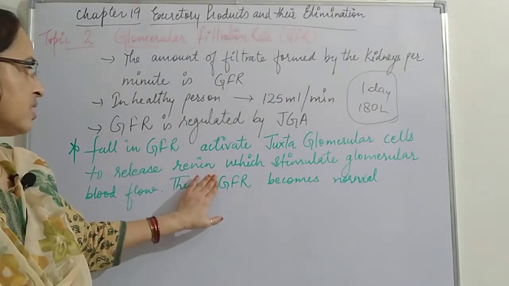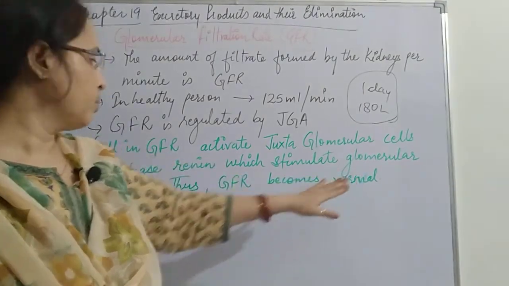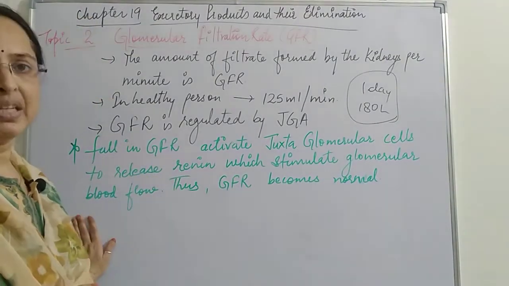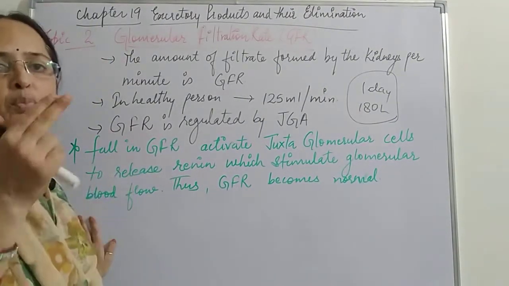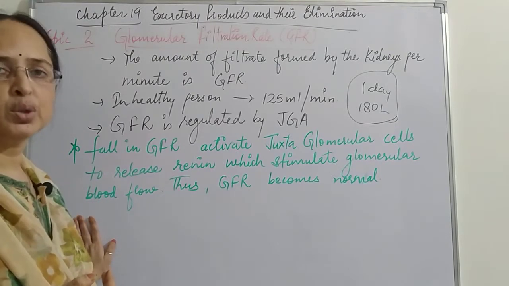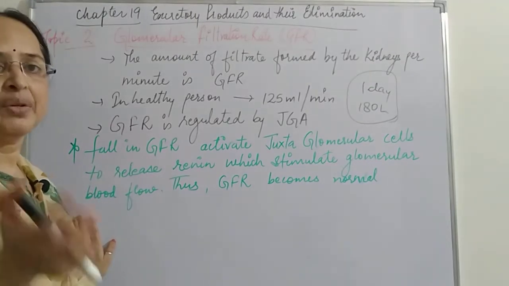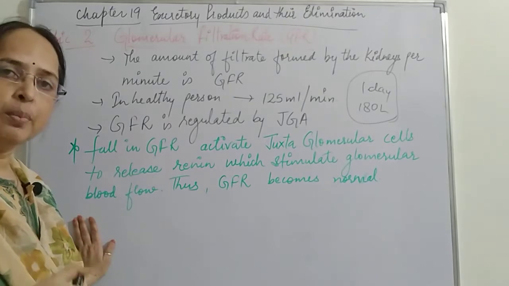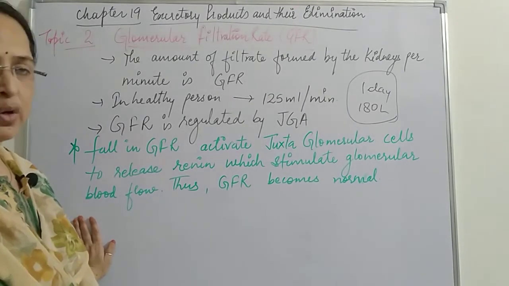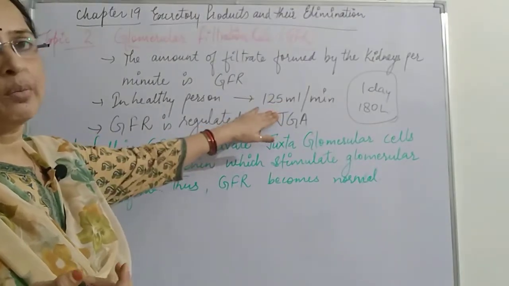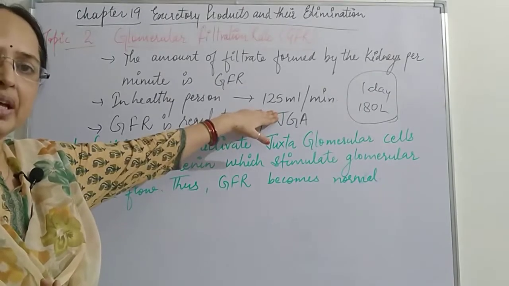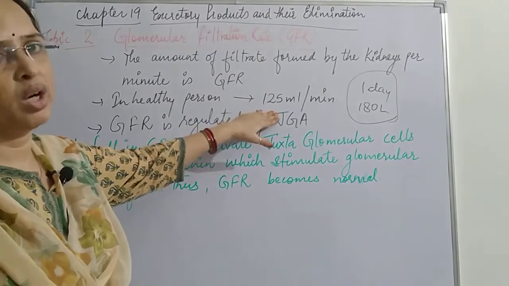Renin is released, which stimulates the glomerular blood flow. That means it increases the movement of blood into the glomerulus. And when more blood enters into the glomerulus, then more filtrate is formed. So that means the glomerular filtration rate is brought back to normal.